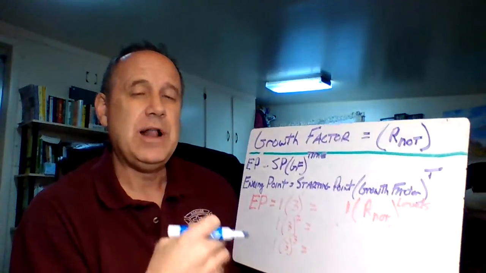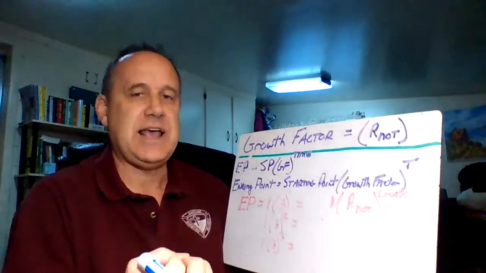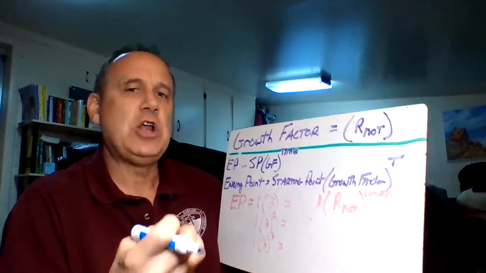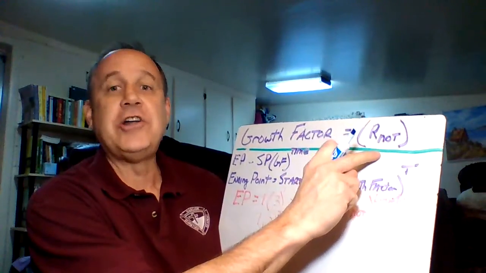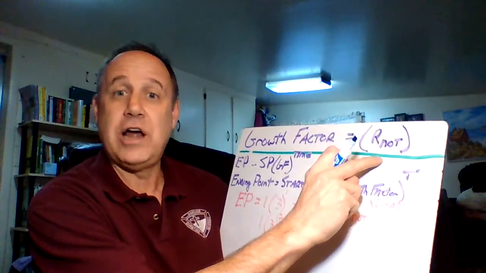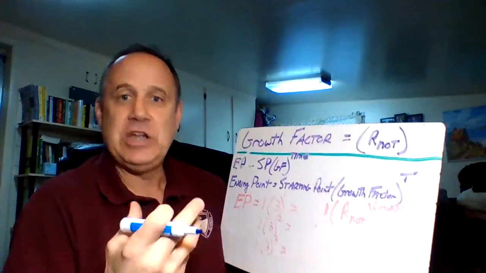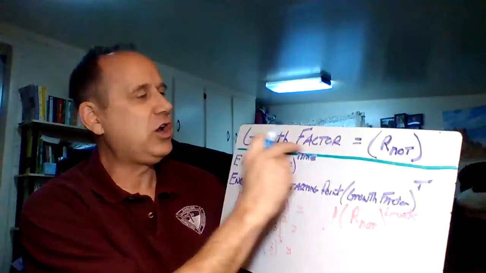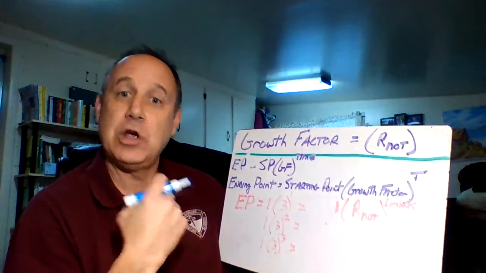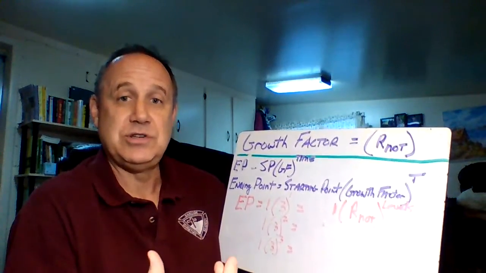As you look through the video today, one of the first things they tell you is a number called the R naught. You're going to have to explain in your paper what that means. The R naught is basically the growth factor, how much something grows.